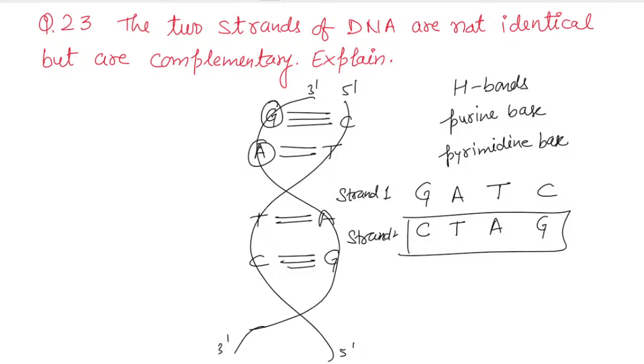They are complementary because of the base pairing principle: G is always connected with C through 3 hydrogen bonds, and A of one strand is connected only to T of the other strand, because of different sizes and geometry of the bases. That's why they are complementary and not identical.